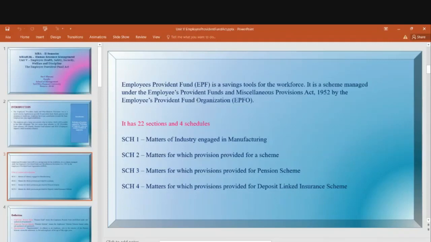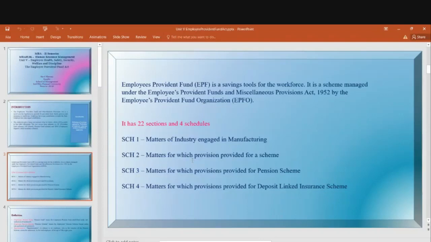This act has 22 sections and 4 schedules. The first schedule includes matters of industry engaged in manufacturing. If the industry is engaged in manufacturing, it comes under Schedule 1. Schedule 2 covers matters for which provision is made for a scheme.